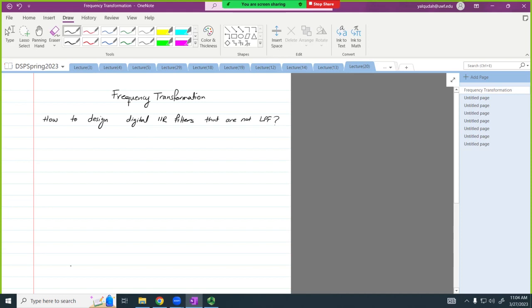To do that, there are two methods. One of them we're going to call continuous time domain transformation, and the other one, transformation in the digital domain.